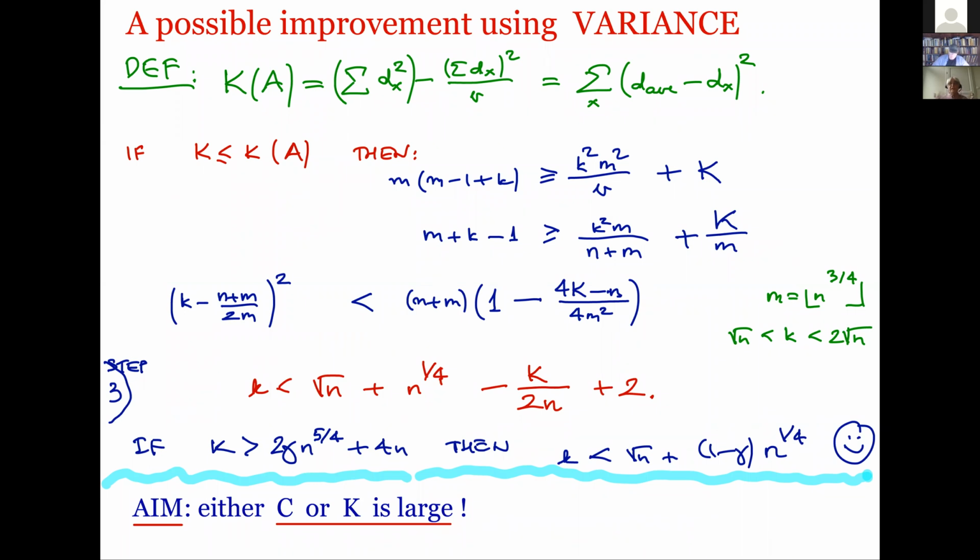And the final step is that we have two different upper bounds, and somehow they don't fit together. So either C or K is large.